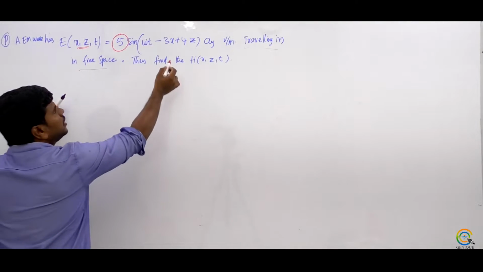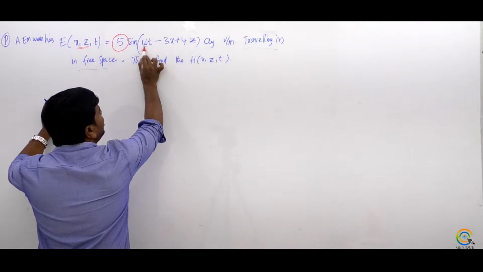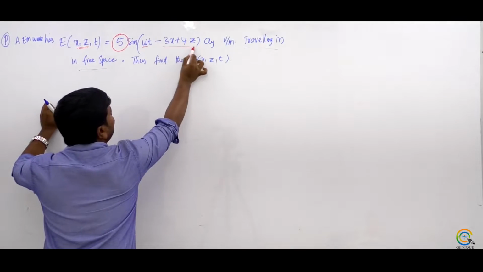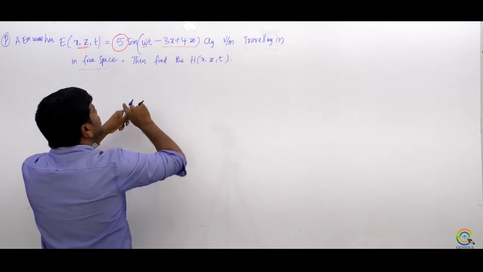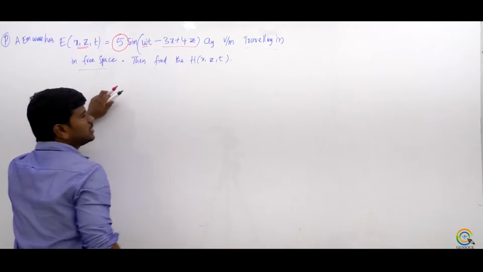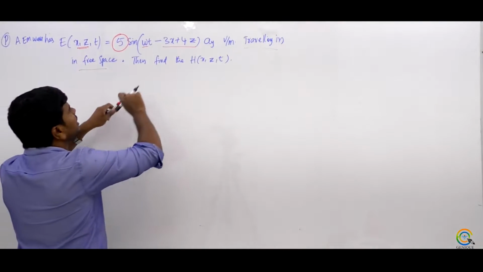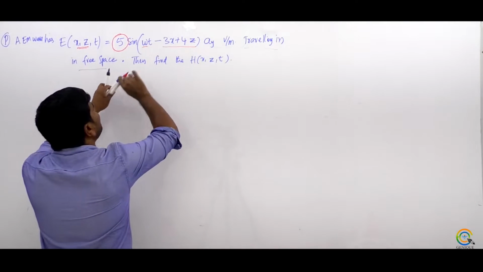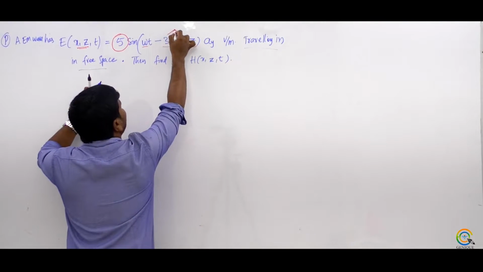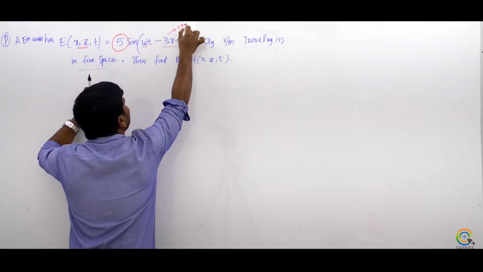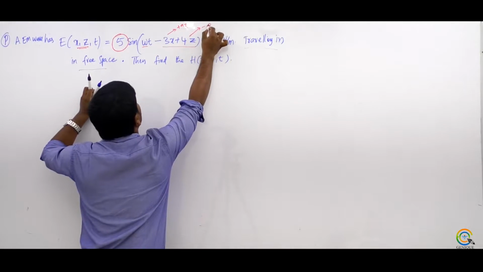Now observe this. It is omega t, and the next term is the distance term. There are two directions. The first one is plus ax direction and minus az direction.